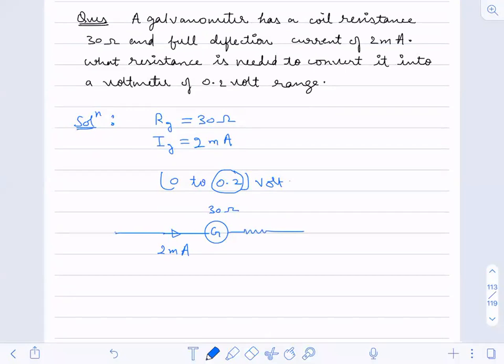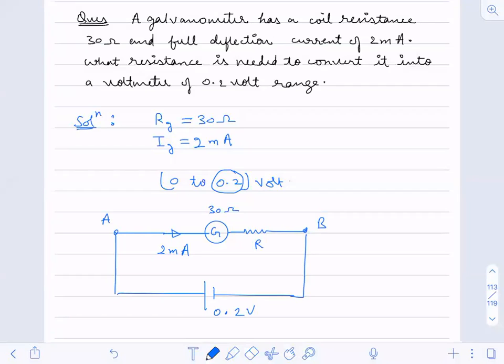This is A, this is B, and this is connected to 0.2 volt. Now just calculate the value of R from here.